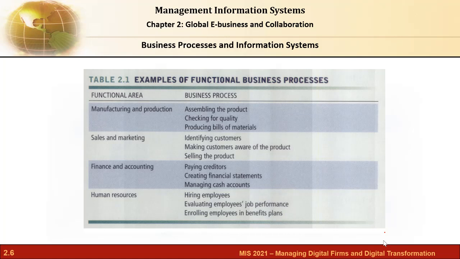We can also look at other examples, where some business processes cross many functional areas and require cooperation or coordination across several departments. For example, you can look at UPS or FedEx or logistics firms.